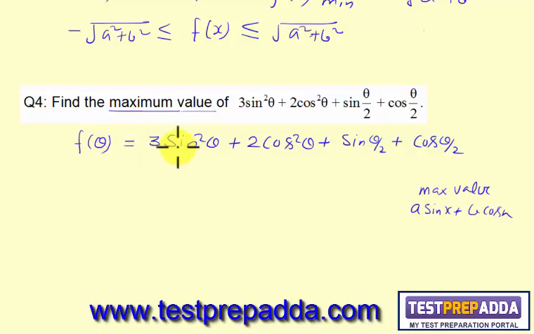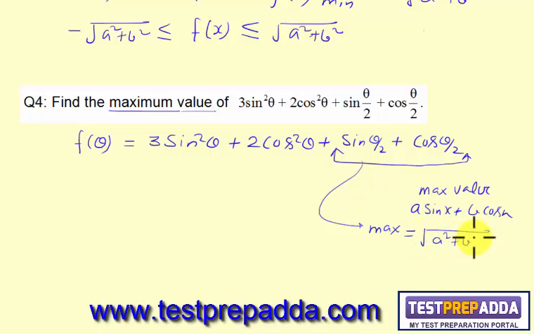Now if you look at this function, this part can be considered as a sin x plus b cos x, where a and b both are 1 and 1. Okay, so if I ask the maximum value of this part, what will you do?